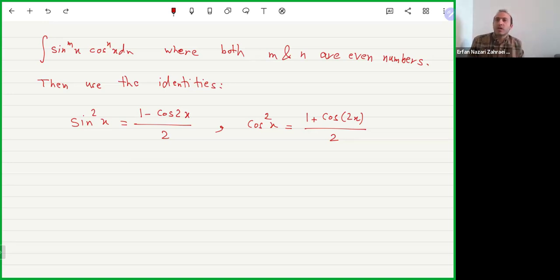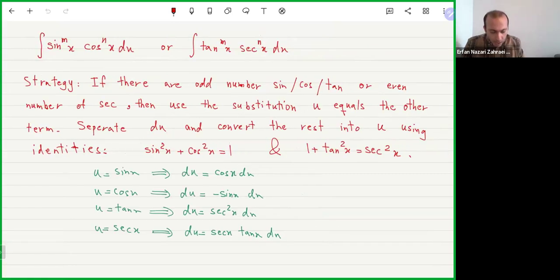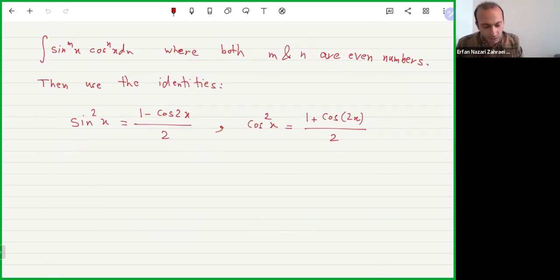At some moment, you get odd exponent. So the idea is to repeatedly use these identities and make the exponents smaller and smaller by making them half-half until you are in these situations that you have odd number of sine or cosine. Then you use this strategy.